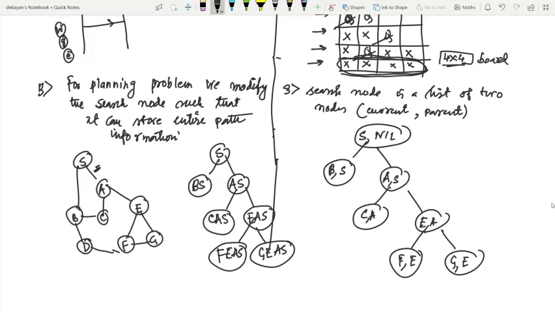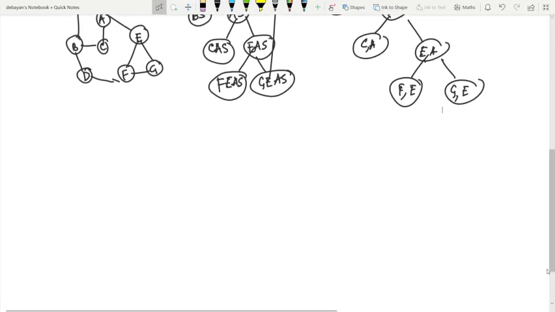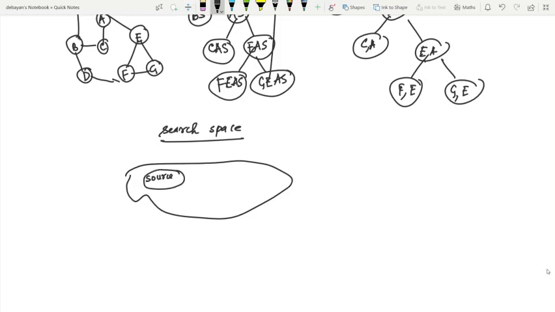Now if we consider search space, these are the two different types of problems. So now we are considering search space. What I am saying about that is you want to search this. If this is called a search space, if this is the source and this is the goal node, then we know if we apply DFS, what will happen?